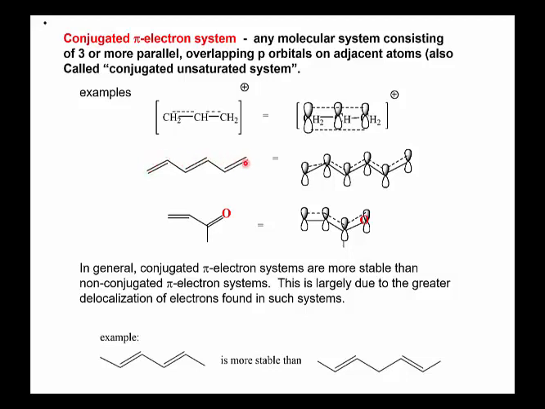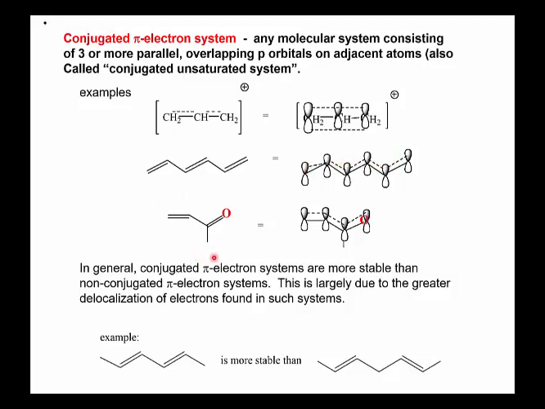They're all parallel and overlapping. So the first example of a conjugated pi electron system, the allyl cation, has three parallel p orbitals. The second one has 1, 2, 3, 4, 5, 6 parallel, consecutive, overlapping p orbitals.